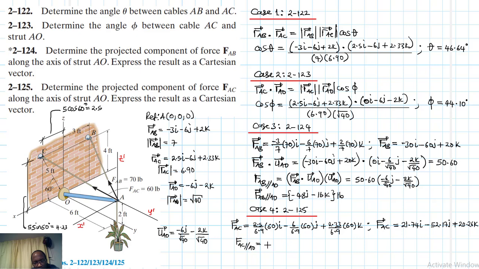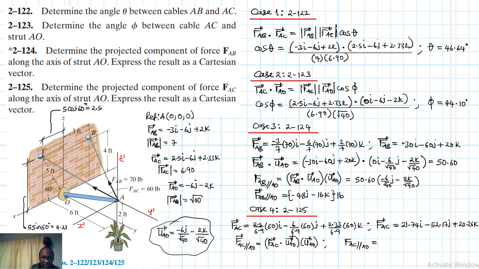This is just going to be equal to FAC dot, this is a vector, dot UAO, then times the unit vector itself, AO. Okay, therefore if we do the calculation, then we are going to have the following. This will be equal to put the calculations. You already have the unit vector. This is the unit vector here, okay, that we are plugging there, and then later on again you come and multiply.